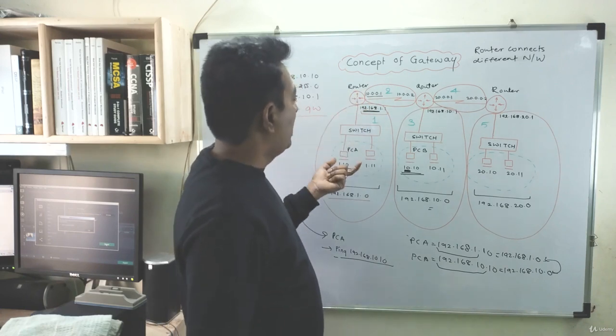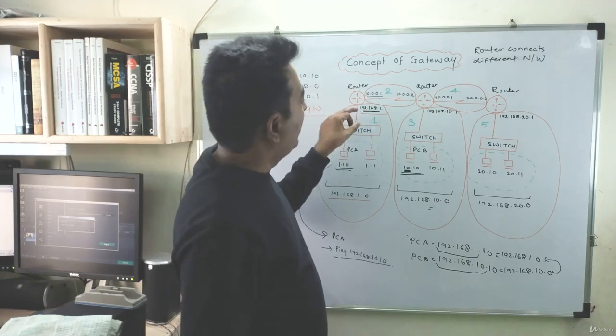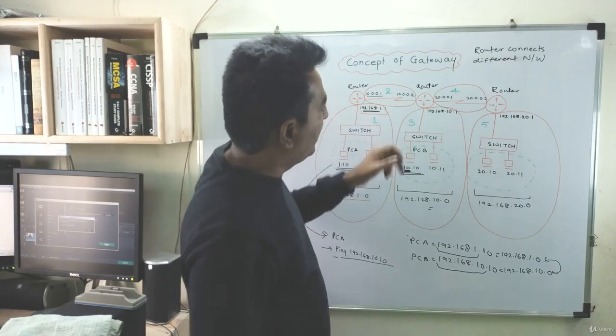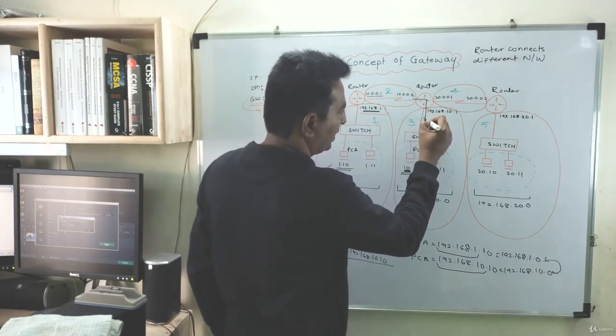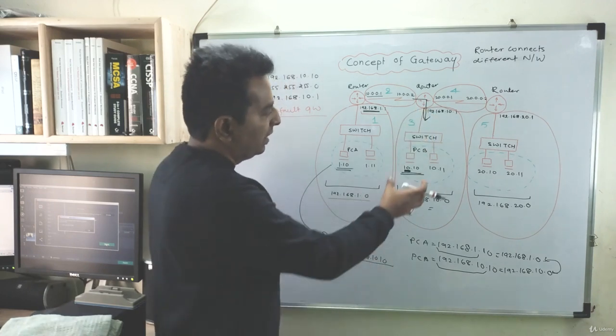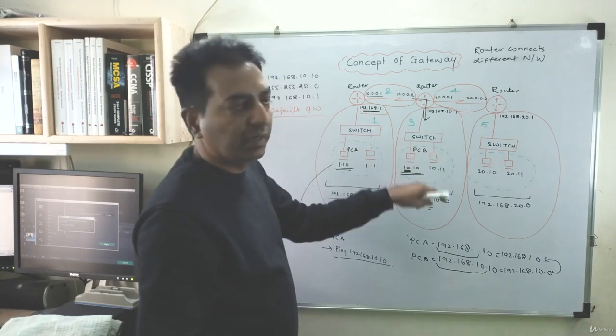That is how a request from this computer first goes to the gateway. From there, it reaches this particular interface, and this interface has the routing information to forward that request to the interface connected to the switch and the subsequent computers in the other network.